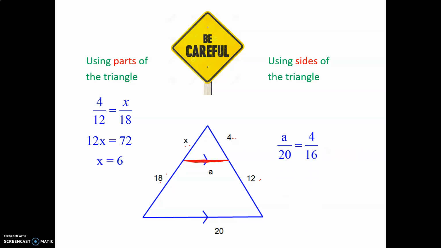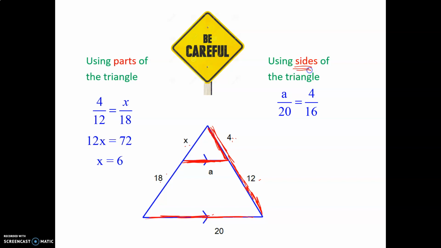So using sides of the triangle, this whole side of the top triangle A over this corresponding side of the big triangle, which is 20, is equal to 4, which is the right-hand side of the top triangle, over the right-hand side of the whole triangle, the whole side. Okay, so A over 20 is 4 over the whole thing of 16.